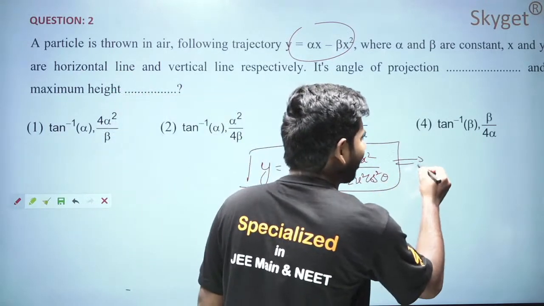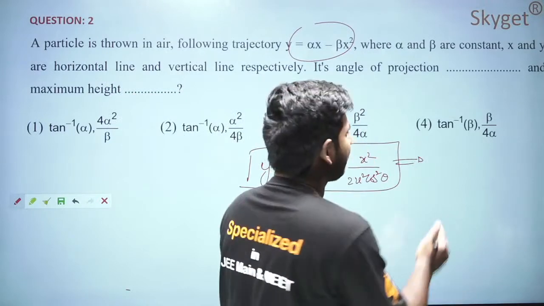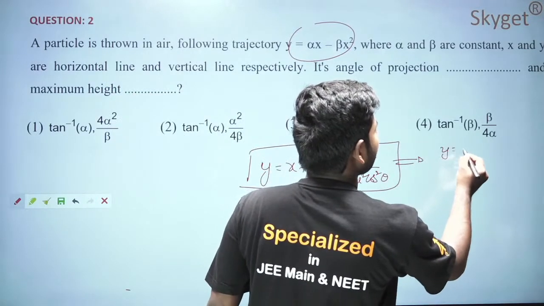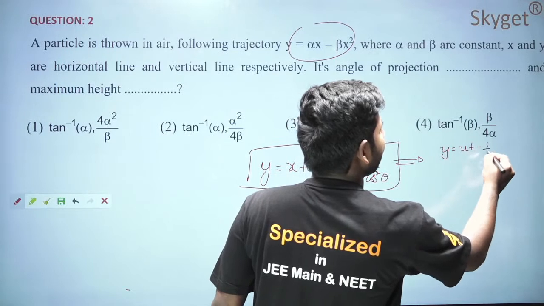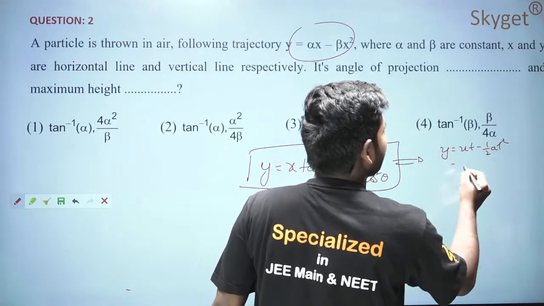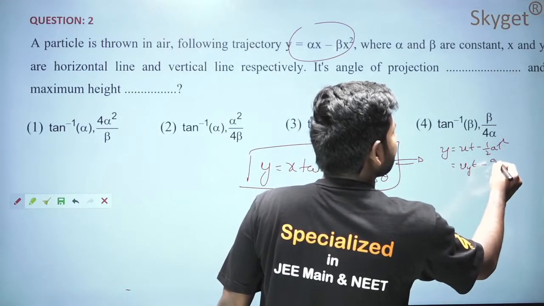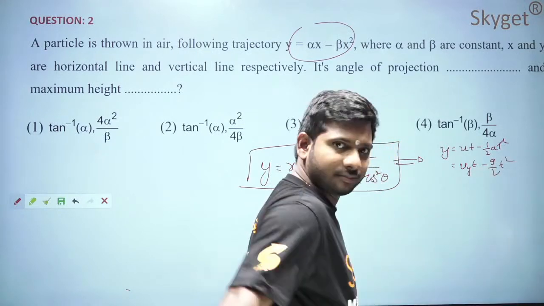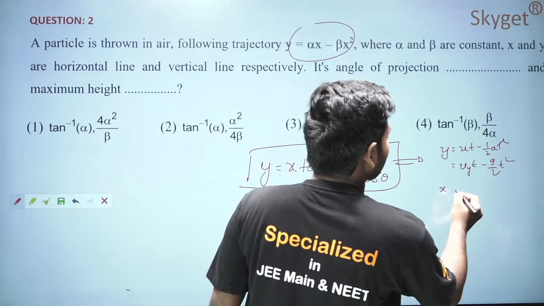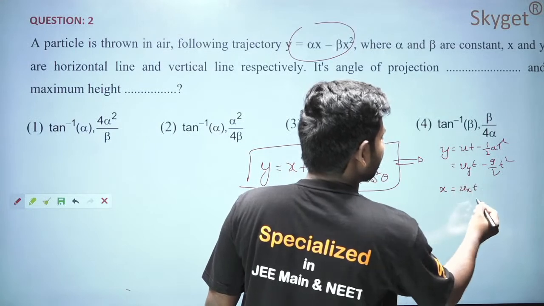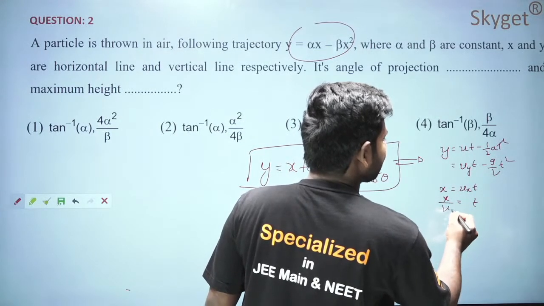Just a simple and quick way, I will just recap it. So we know that y is equal to u_y t minus half g t square, that is u_y t minus g by 2 t square. So x is equal to u_x into t, so t is equal to x by u_x.